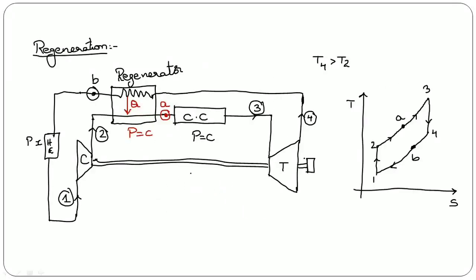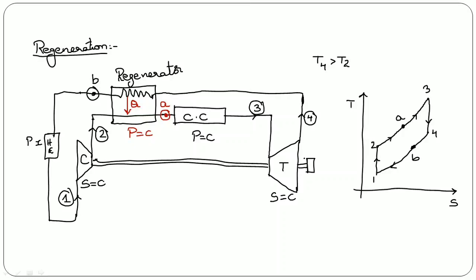See, pressure ratios are obtained from this diagram only. In the turbine, isentropic expansion is taking place, and in the compressor, isentropic compression is taking place. See, the maximum pressure of the cycle is P2 equal to P3 and the minimum pressure is P4 equal to P1.